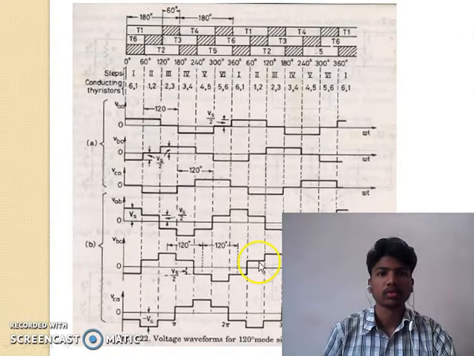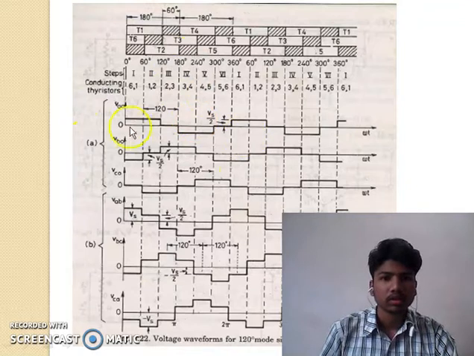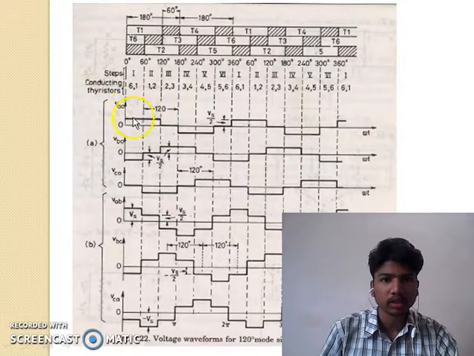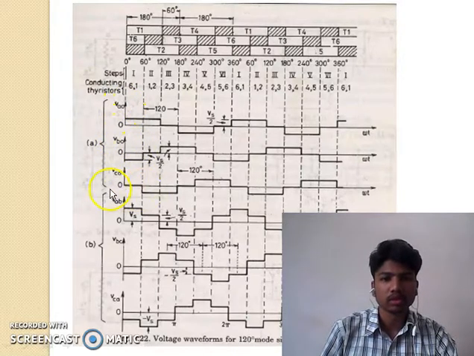Here the waveform of the 120-degree conduction mode is shown. Here for VA0 we get this waveform, that is from 0 to 60, 60 to 120, 120 to 180, like this. The waveforms for VA0, VB0 and VC0 are obtained.